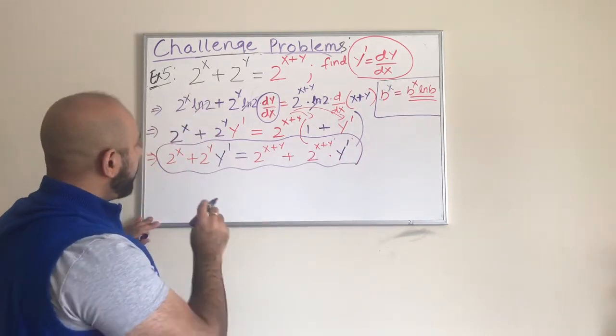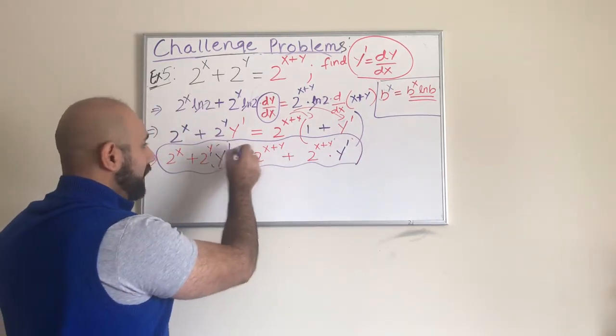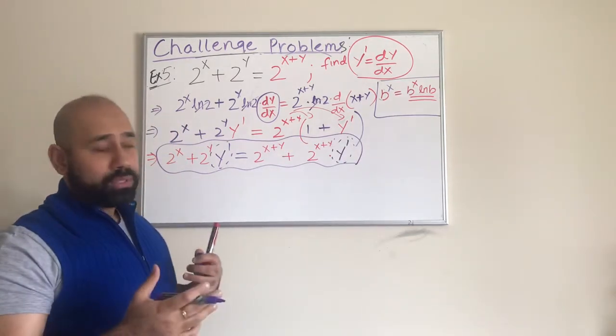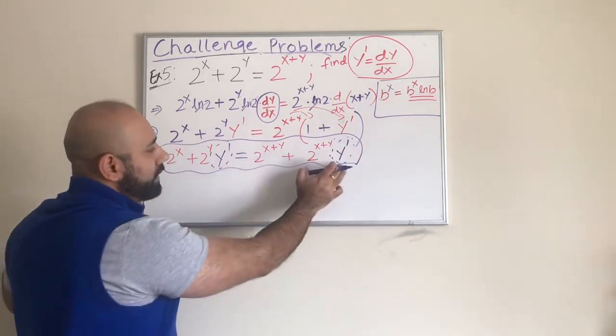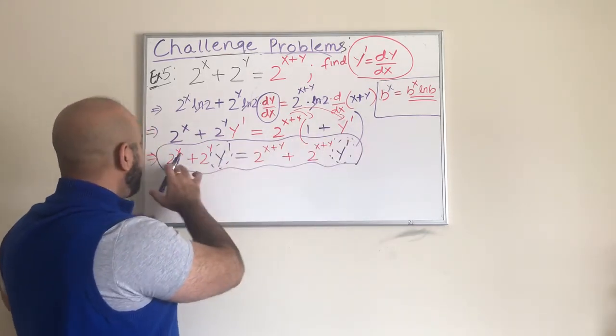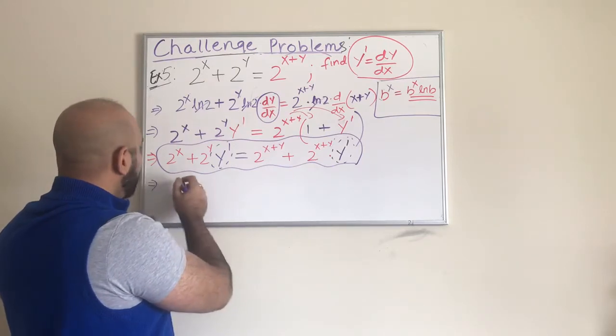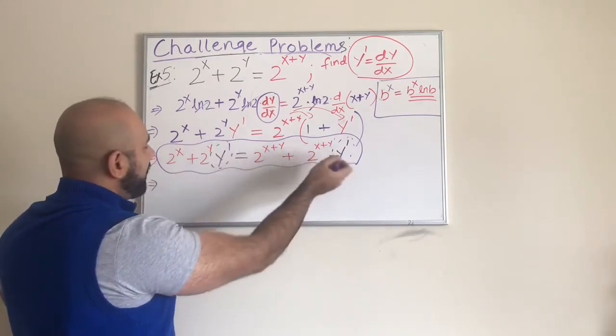So let us focus on this particular equation. Looking at this equation, I can see that here I have my y prime, and then again here as well. So I'm going to bring the y primes together. What I'm going to do is bring this term to the left hand side, and then I will bring this 2 to the power x to the right hand side. So I'm going to subtract this from both sides.